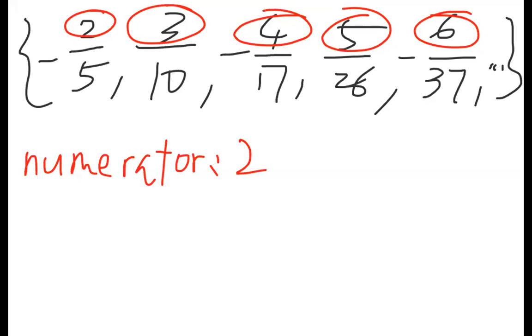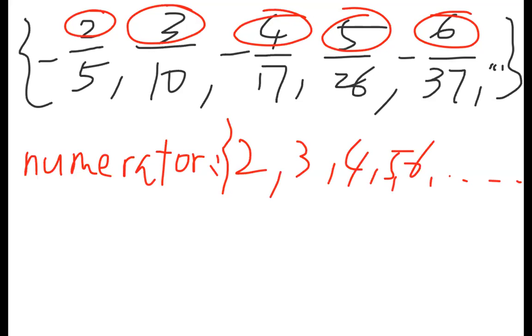You have 2, 3, 4, 5, 6. Then they have a common difference, right? The difference from 2 to 3 is 1. From 3 to 4 is also 1. 4 to 5 is 1. And this is the same across all the terms.